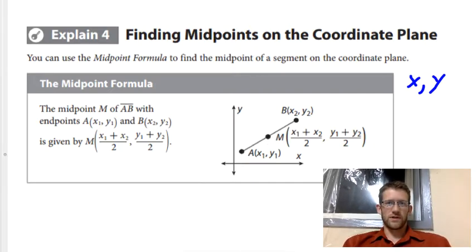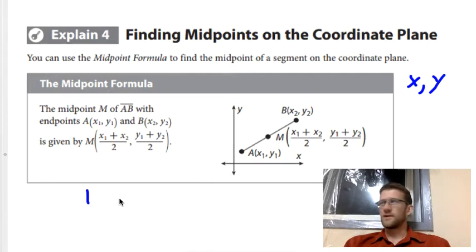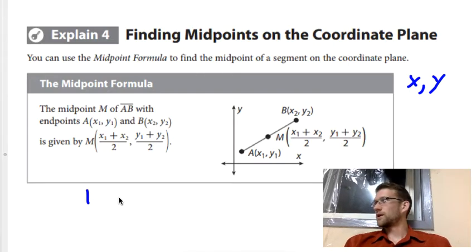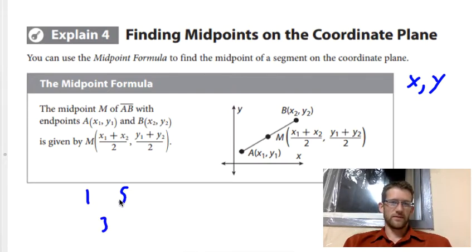So I can do averages pretty fast in my head. If one x value is 1, the other x value is, wife, give me a number. Give me a whole integer. 5. Okay, the midpoint of 1 and 5 is 3, because 3 is the average of 1 and 5, right? I can add them together, say 6, and then divide that by 2, and that gives me 3.